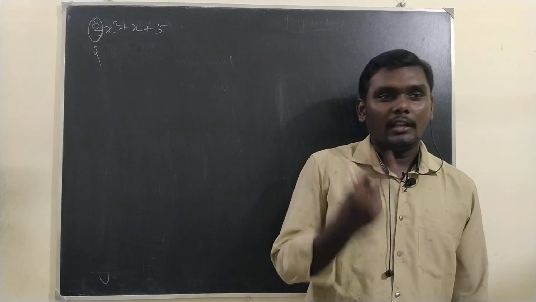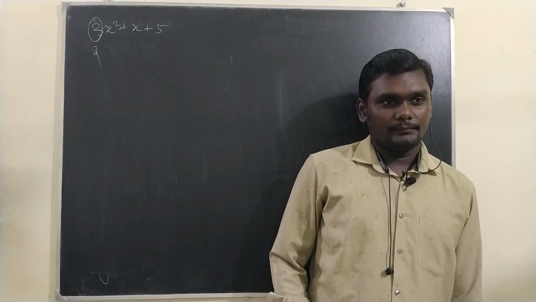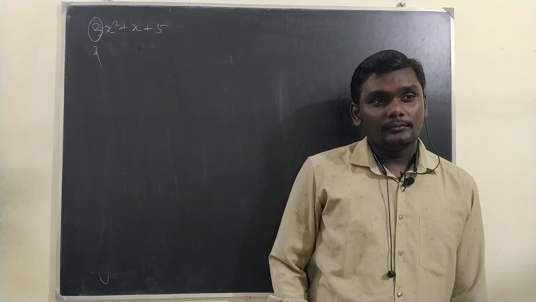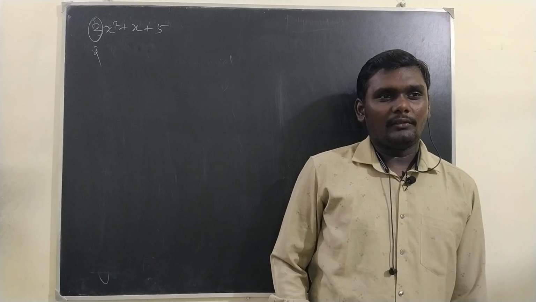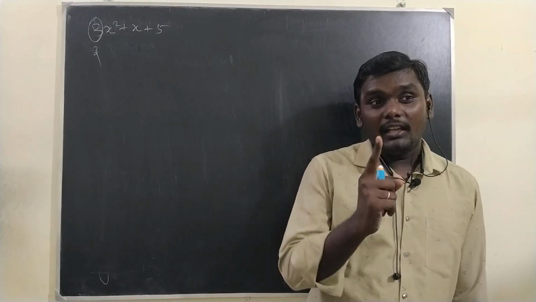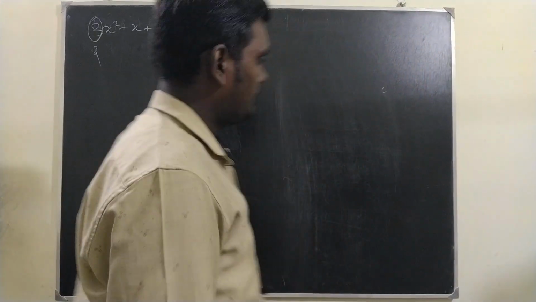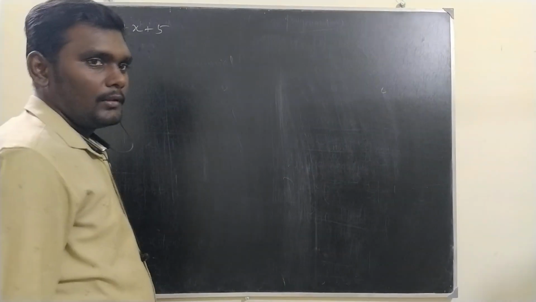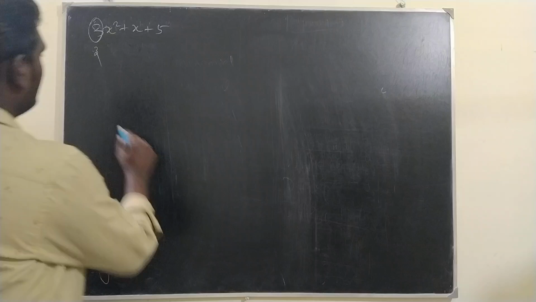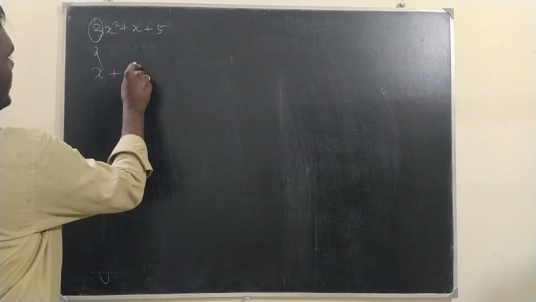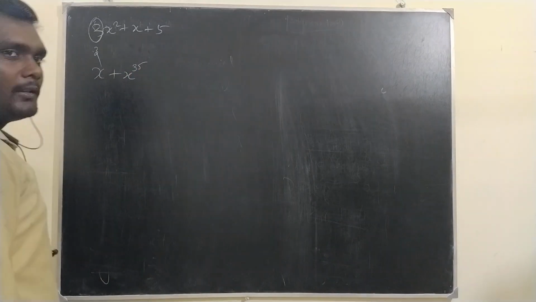Binomial, but you said 2 variable. In 1 variable we need, right? It should have x plus x power 35.